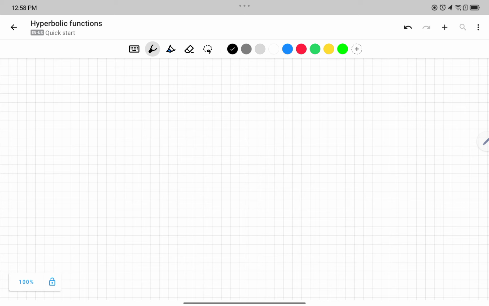Okay. So now let's work on differentiating hyperbolic sine x. I think that's easy enough. So we have this is equal to this.